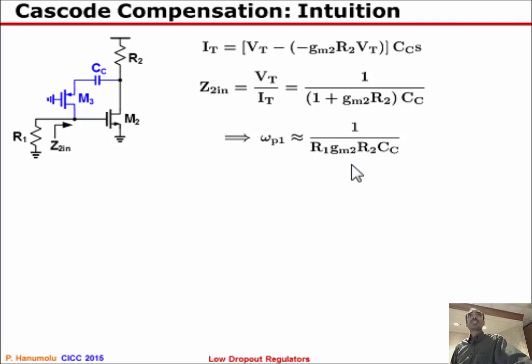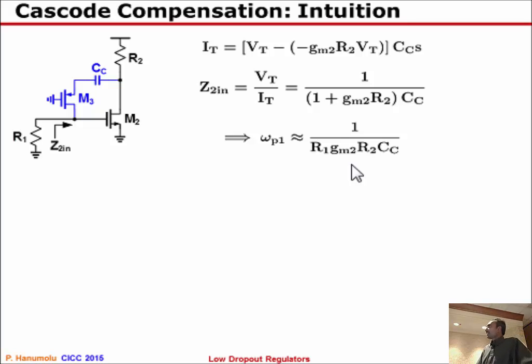So the first thing we want to ensure is that the added capacitor actually is making a dominant pole at the output of the first stage. For that reason, I would like to figure out what the output impedance is at this node. And to figure out the output impedance, I'm going to apply a test voltage source here, VT, and measure how much current is drawn from that test voltage source, denoted here as IT.